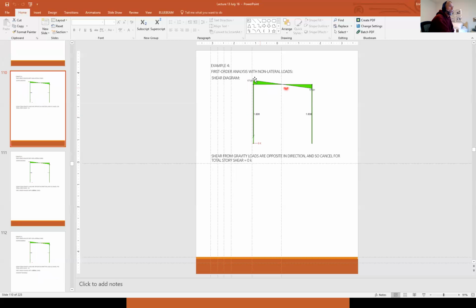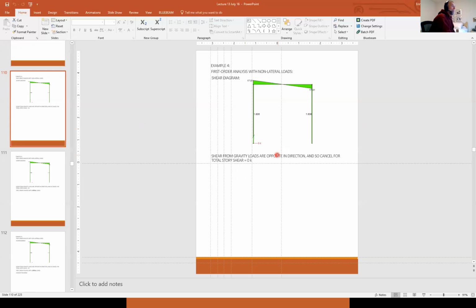Because the gravity load tries to bend this beam, which tries to bend the columns out. When you bend the columns out, every bending moment has to have a shear. So this is the shear associated with the bending moment, but they are opposite in direction. So for the whole story, the shear is 0 because each one of these cancels the other one out.